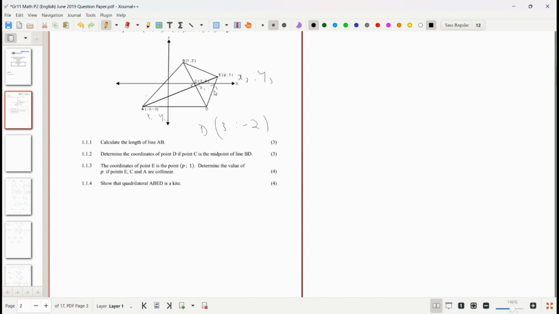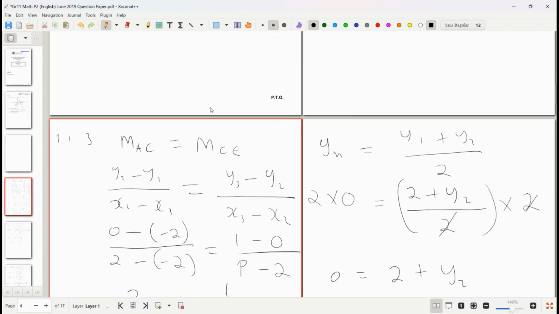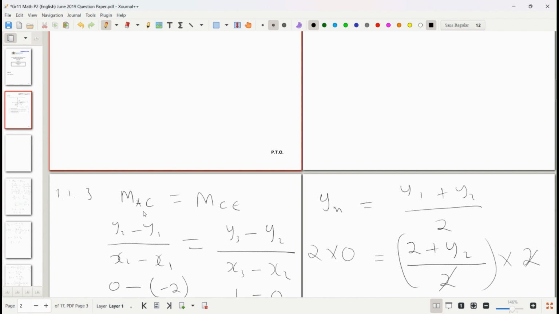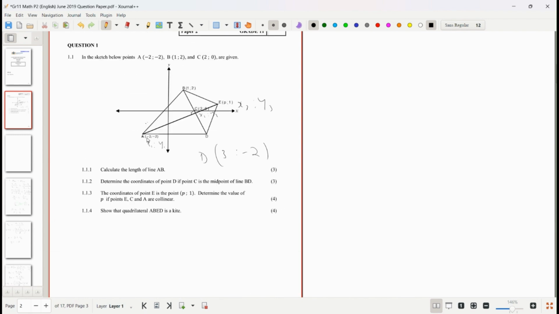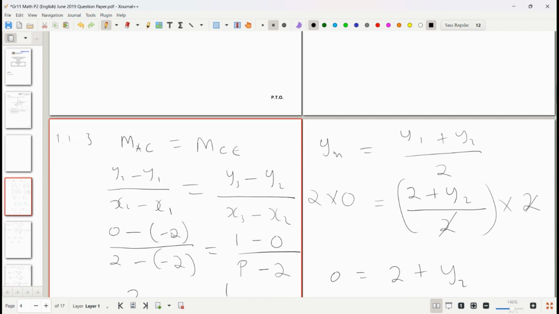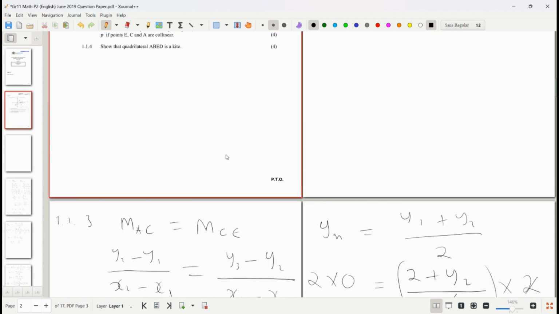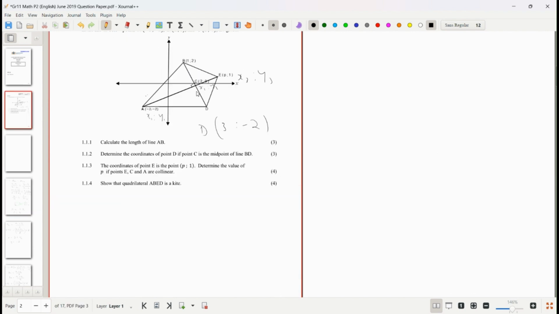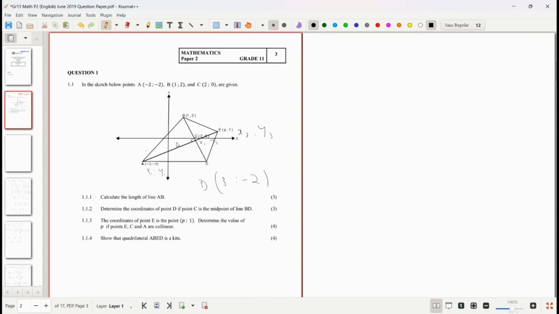We calculated the gradient before: remember when we were calculating point P, we found the gradient of AC, and the gradient of BC. If we multiply their gradients, we must have -1. So the product of their gradients has to be -1.